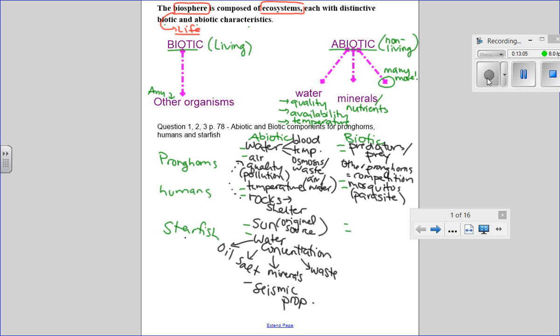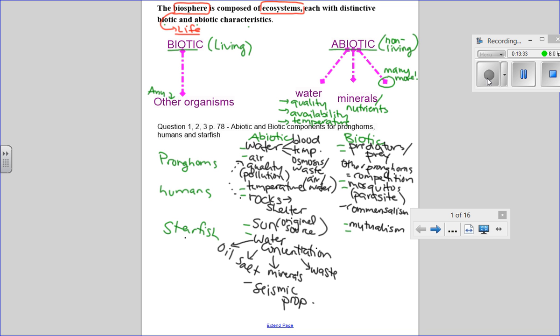You might remember learning in, I think it's grade 7 and then again in grade 9, mutualism, commensalism, parasitism. It's interactions that organisms have with each other. So mosquitoes are an example of a parasite, but we could also put organisms that would be examples of commensalism and mutualism.